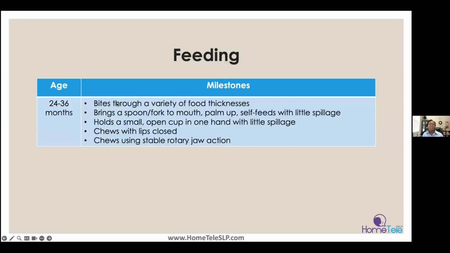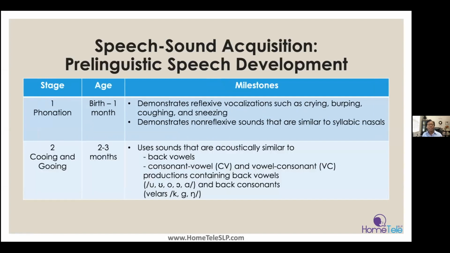The next area that we're going to touch a little bit on is feeding. As I previously mentioned at the beginning of the presentation, feeding is an area that consists of milestones that are achieved earlier. You can see here that there are some milestones that a child will typically achieve between 24 and 36 months. At this age, 4 and 5, a child should be able to drink fluids that are thin, like water, without choking.